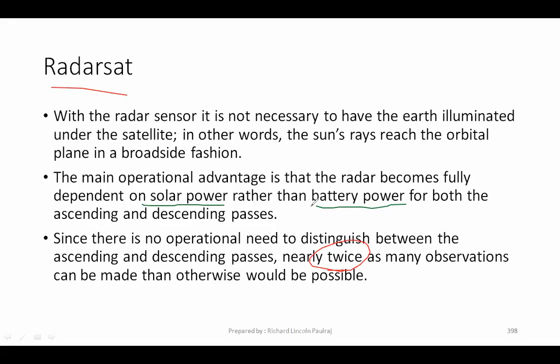And the usage of battery power is less. It's fully reliant on solar power because it's in sync with the sun, which means the sun rays always fall on it. Since the sun rays always fall on it, the solar cells are charged, and it is always powered through solar. So that's the advantage.